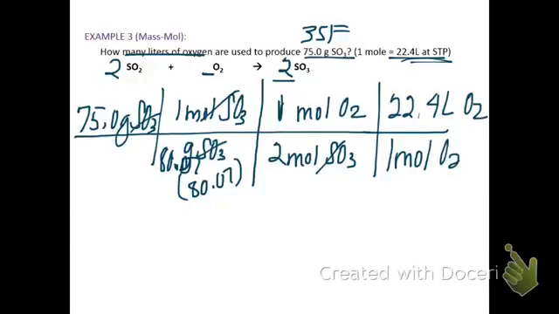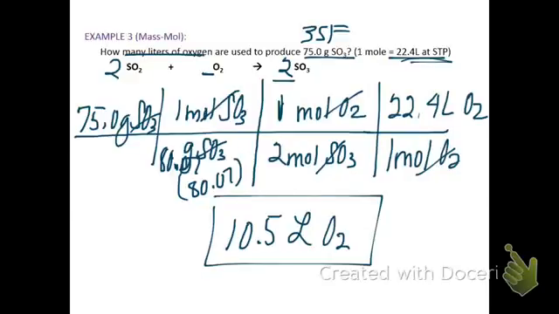So now my moles of oxygen cancel. So I do that math, and with 3 significant figures, multiplying the top, dividing by the bottom, I get 10.5 liters of oxygen. The only difference was that instead of going to grams, I was going to liters.